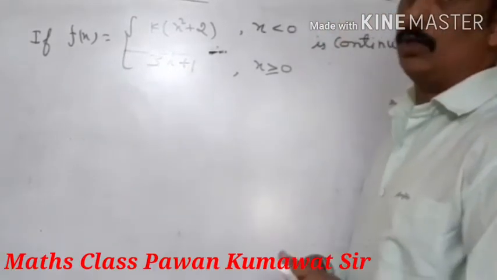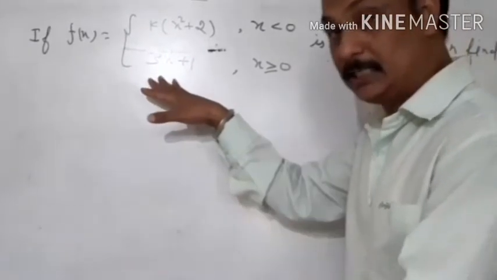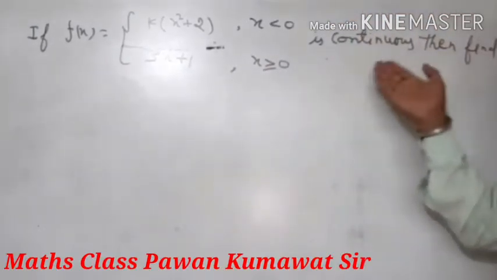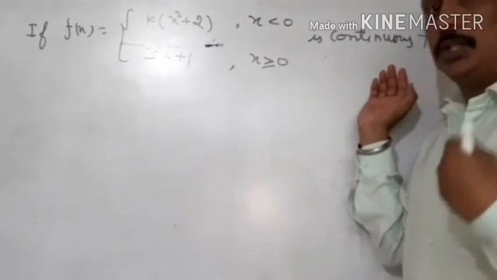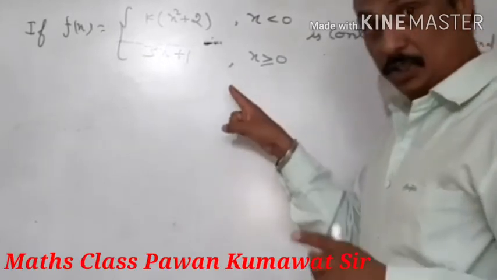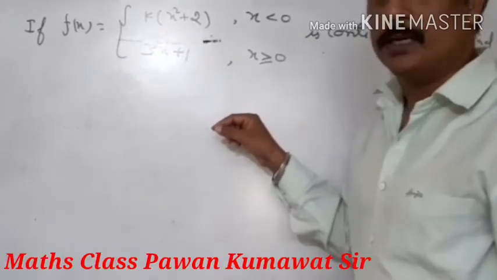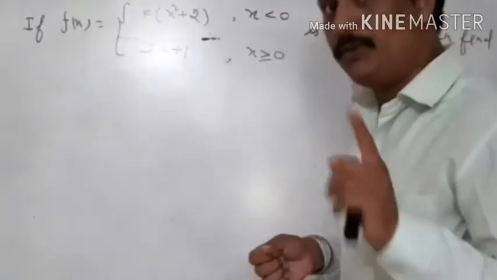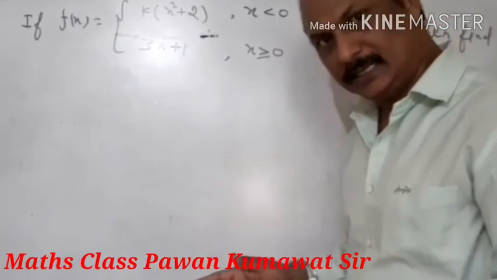Now first of all select the condition for LHL, RHL and the value at the point. In this case it is not given at which point we should check continuity. Now, in this question, the equal to symbol appears in this condition, so we should check continuity at x equal to 0. Is that clear?